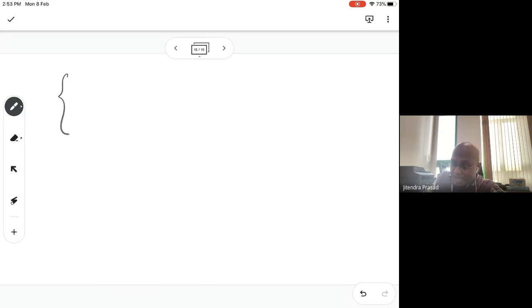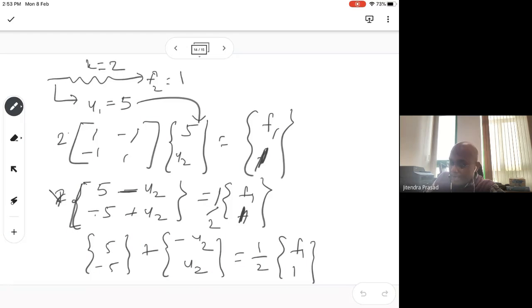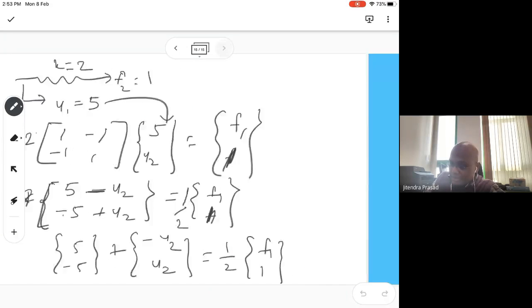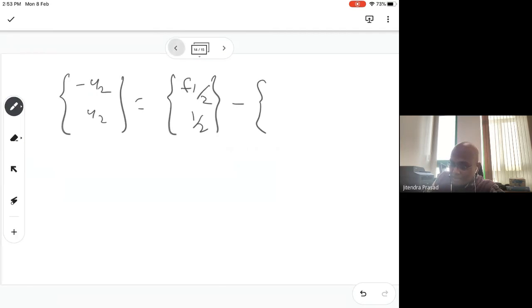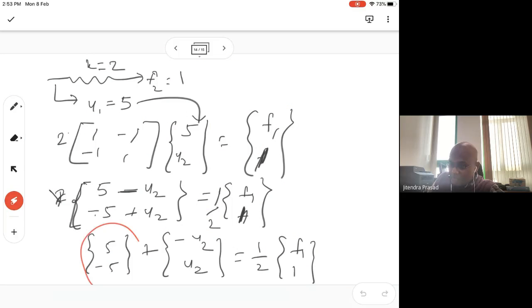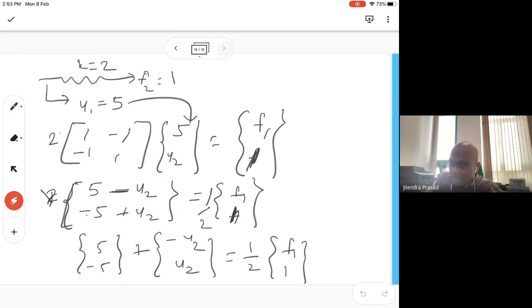We get minus U2 is equal to, from the backside, F1 over 2 half minus this quantity, 5 minus 5.